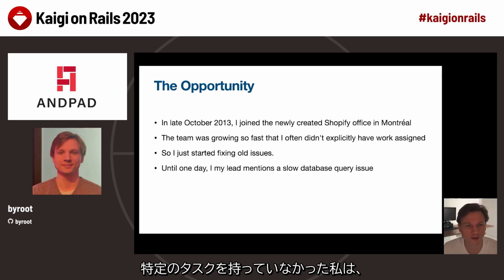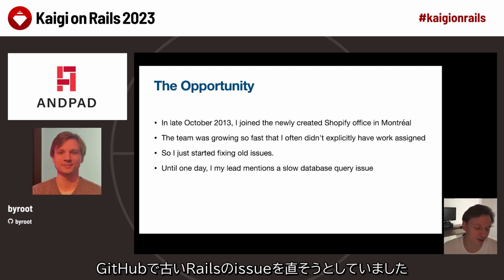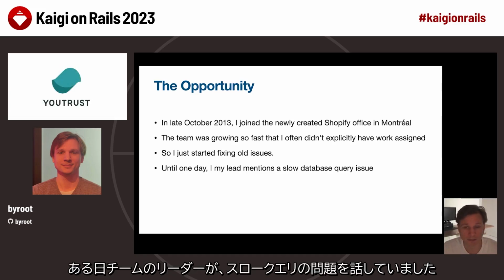So I just started fixing bugs I could find on old issues on GitHub and things like that, until one day my boss, my lead, mentioned a slow database query issue.